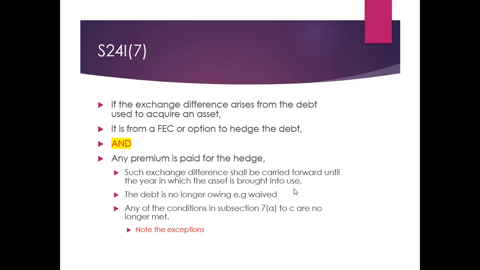So the moment any one of those is no longer met, then you need to include or deduct all the amounts that you carried forward from before. Also there are exceptions that you need to note in that paragraph, but those are simple to understand. If you get any difficulties, just let me know and I'll try to help you sort it out.